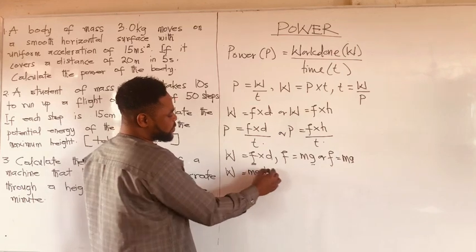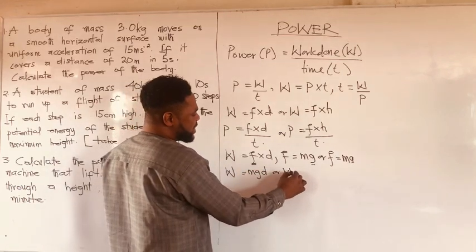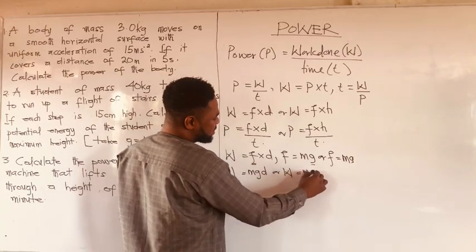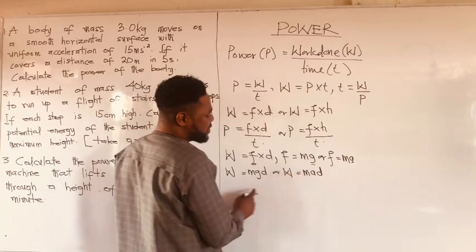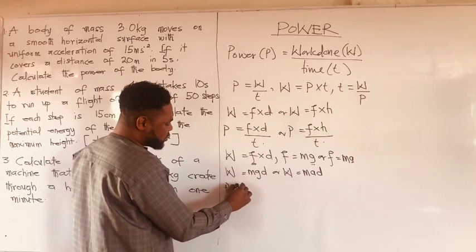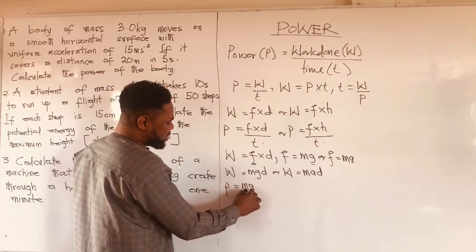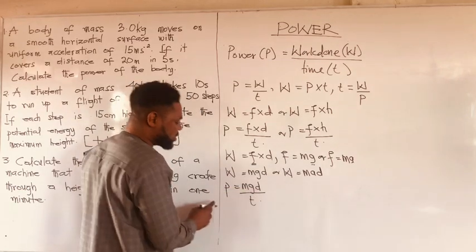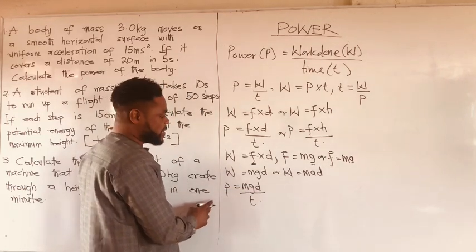Or we can say work done can also be equal to mass times acceleration times distance. Therefore, we can also say power should be equal to mass times gravity times distance all over time, as we can see here.